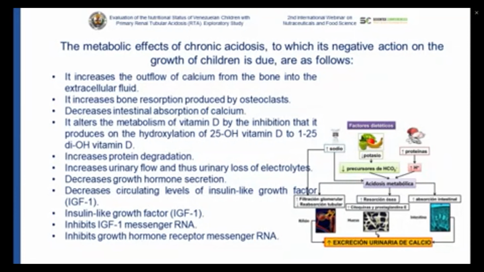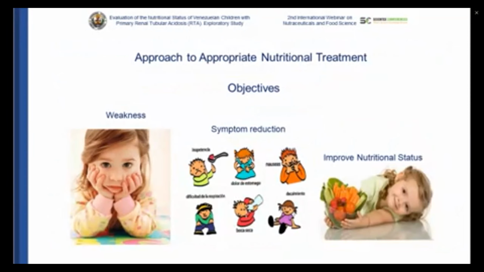intestinal calcium absorption, etc. Regarding nutrition, it is known that children with this type of pathology must follow an appropriate feeding plan that allows them to reduce the lack of appetite, weakness, and irritability, some of the classic symptoms of this condition. For this reason, some objectives are maintained to reduce the symptoms and improve the nutritional status.